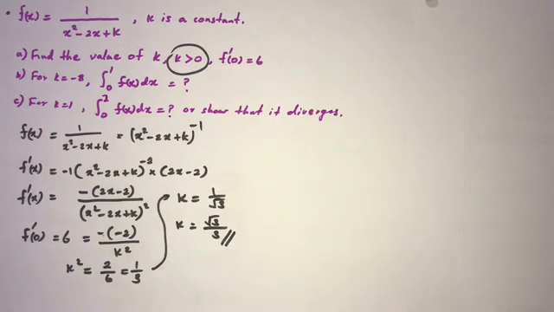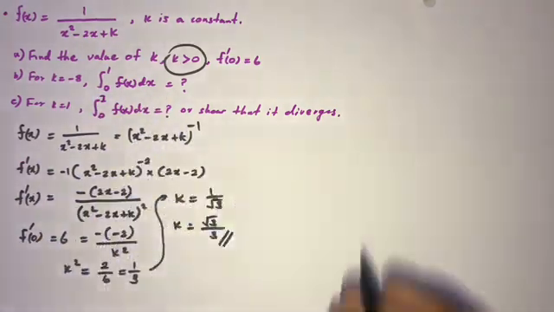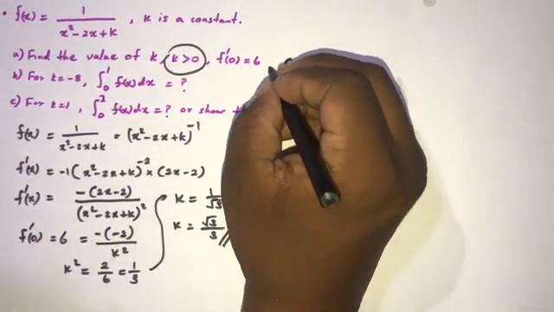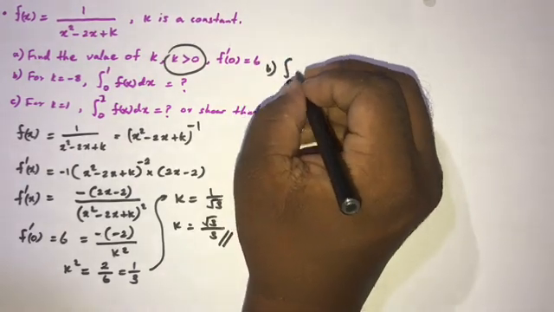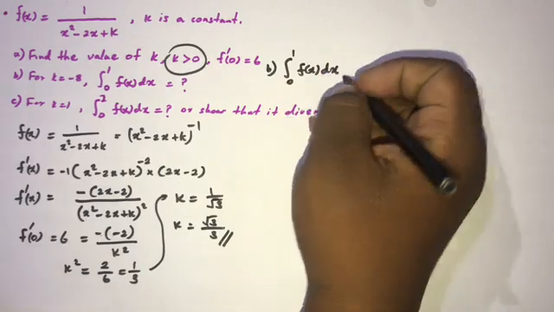Then part B: for k equal to minus 8, find the value of the integral from 0 to 1 of f of x dx. So part B, integral from 0 to 1 of f of x dx.